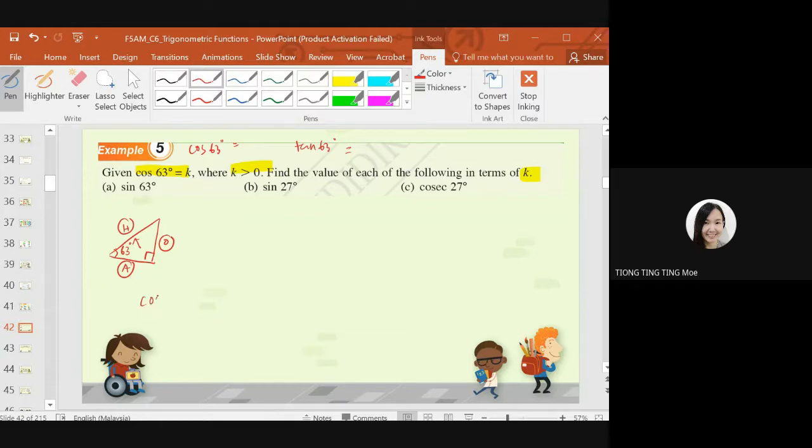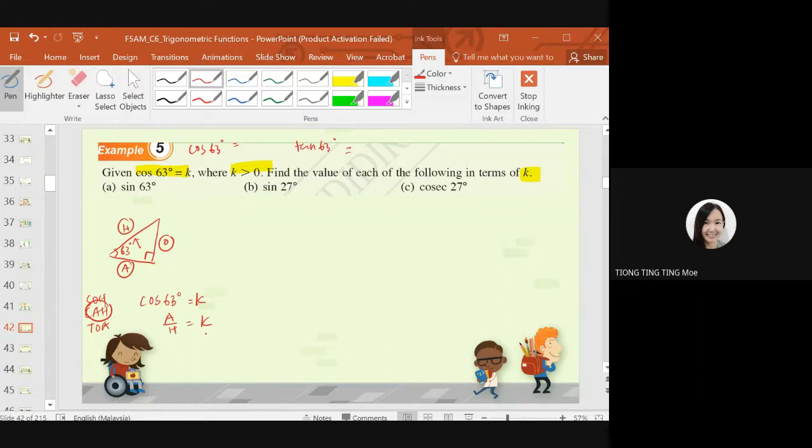They give you cos 63 equal to k. Cos is what? SOCATOH. A over H. So cos is A over H equal to k. A is this one, H is this one.